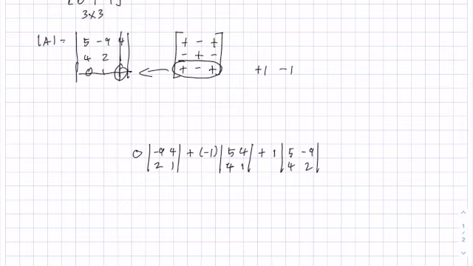So remember when I said the determinant of a matrix will always be a real number? So since 0 is being multiplied with the determinant of this matrix, that's basically multiplying with a real number. 0 times any number is 0. So we don't even need to find the determinant of this. This will be 0. Then we have to do the next one, plus negative 1. And what this is, remember this, we multiply by the diagonal, subtracting from the other diagonal.